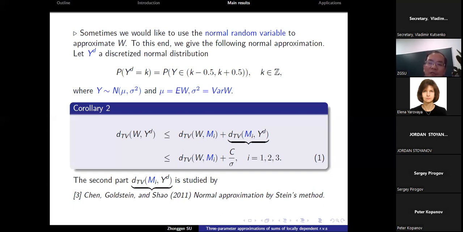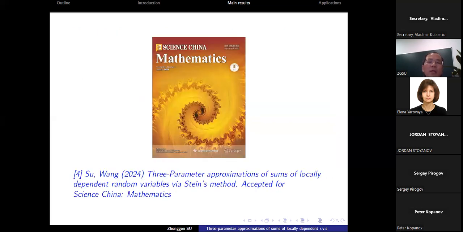So it is enough to give the second order. Here we use a result from Chen and Shao in 2011. We have a good result. Now our paper has been accepted for Science China Mathematics.